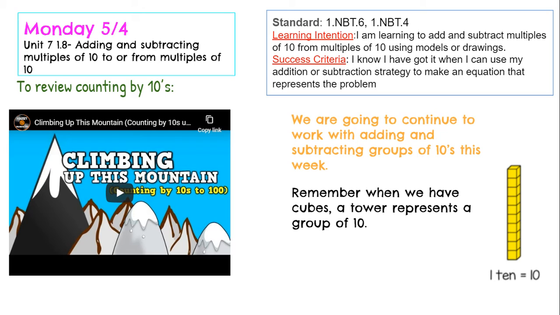Now, your success criteria says I know I've got it when I can use my addition or subtraction strategy to make an equation that represents the problem. So you need to be able to use strategies for addition and subtraction and make an equation to represent the problem.